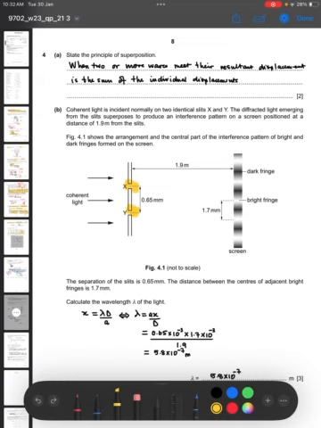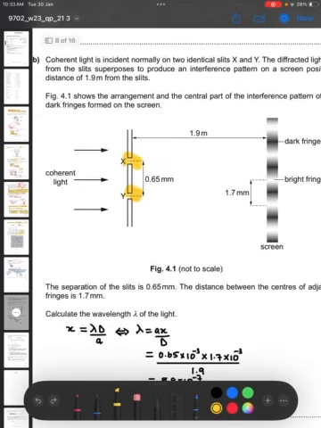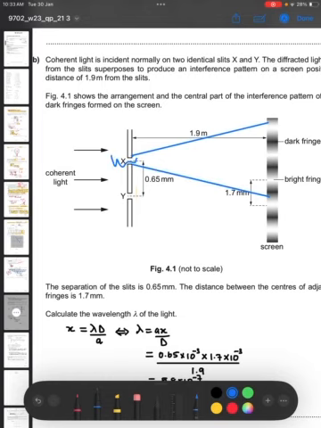So what they're explaining is the process that happens when the light passes through the slits. They are saying that the light is diffracted when it passes through the slits. So that's the diffraction. When light enters here, then it is spread out like that.